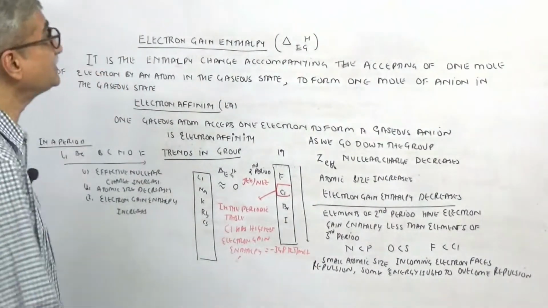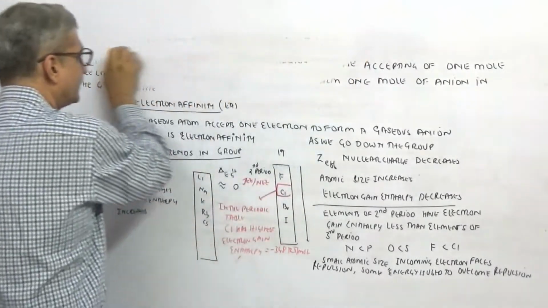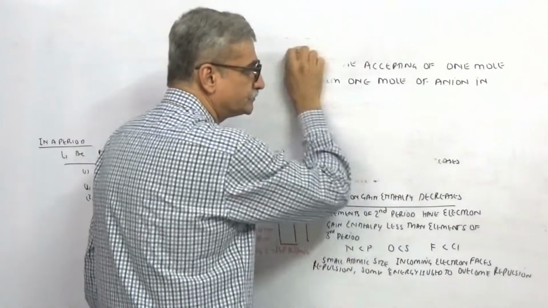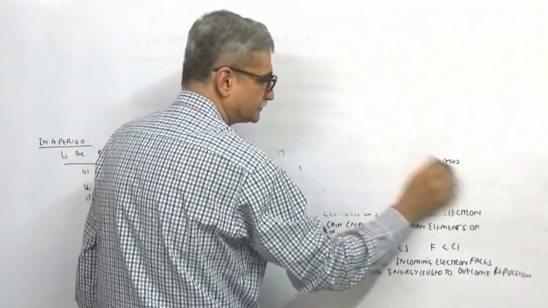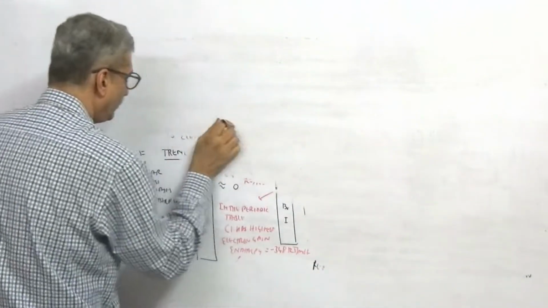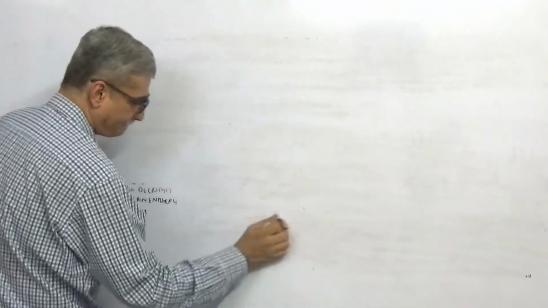But we go to the next property. So when you go to the next property, the last one we are dealing with, the chapter gets over with this.